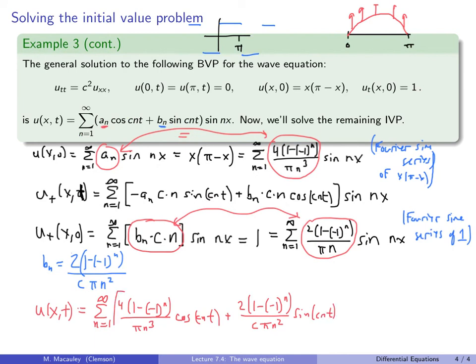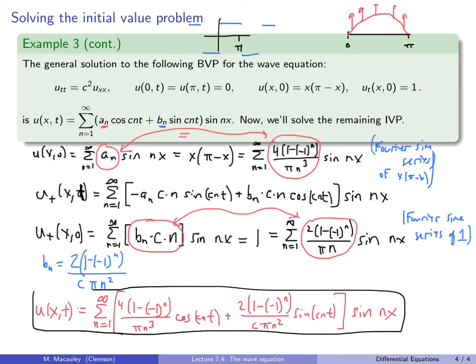So this whole thing has to be multiplied by sine of nx. And that is our particular solution to this boundary and initial value problem for the wave equation right here.